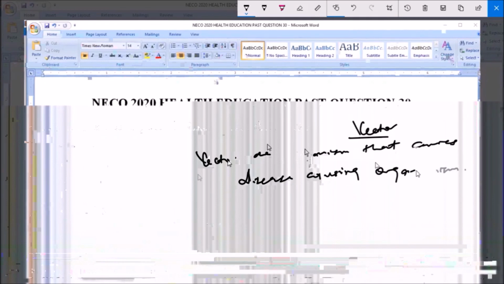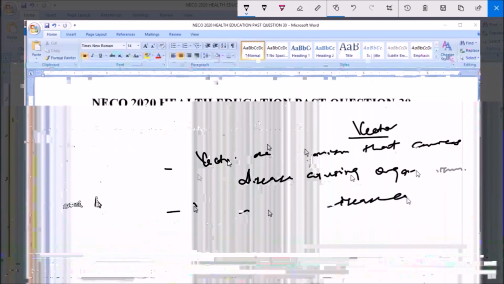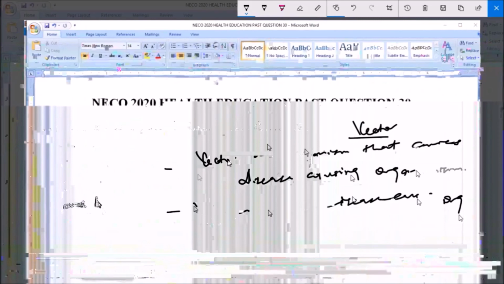That is, vectors are organisms that carry pathogens. We usually mistake vectors and pathogens. Pathogens are the disease-causing organisms. Take note: vectors are the carriers of these pathogens, but vectors do not cause disease. The pathogens are those that cause disease.